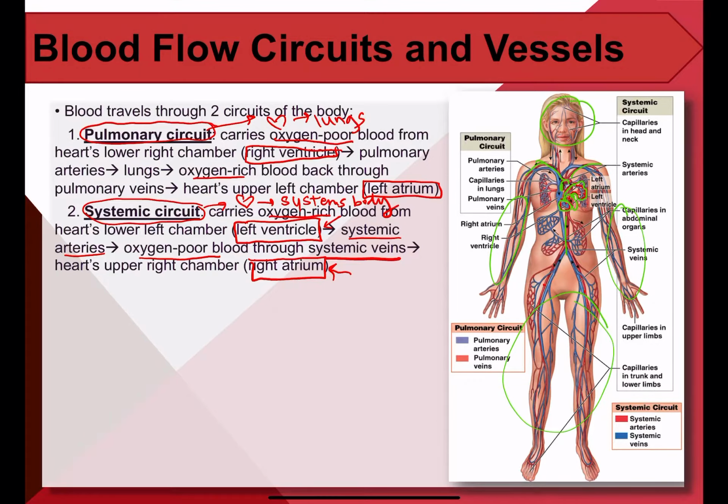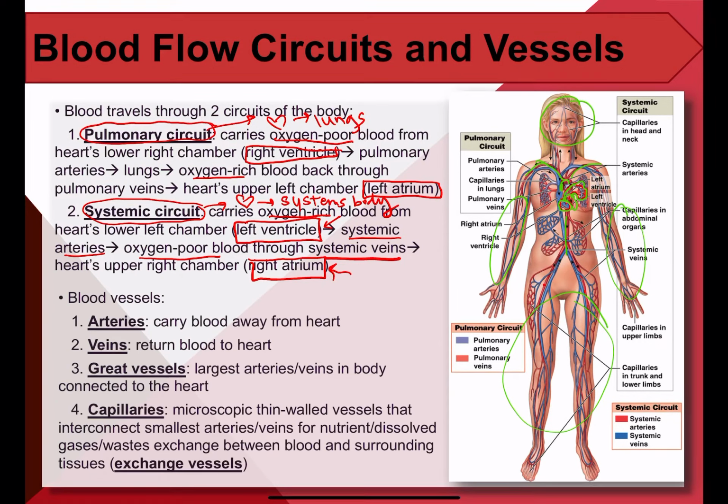All right. So there are 4 main types of blood vessels. We have arteries, which are named for carrying blood away from the heart. So A for away. Veins signify blood that's returning to the heart.